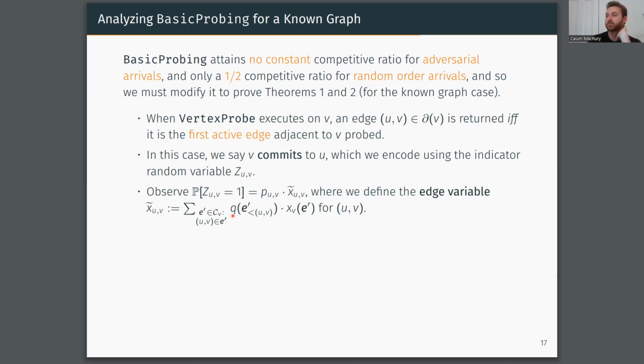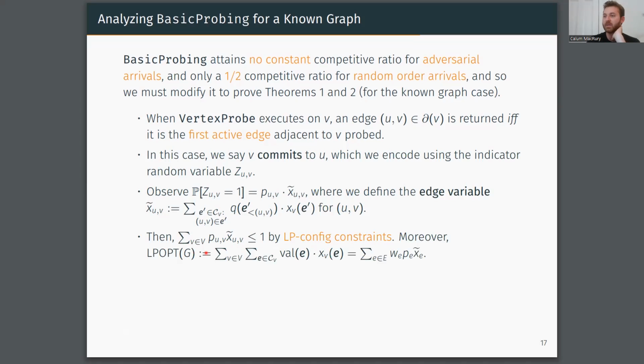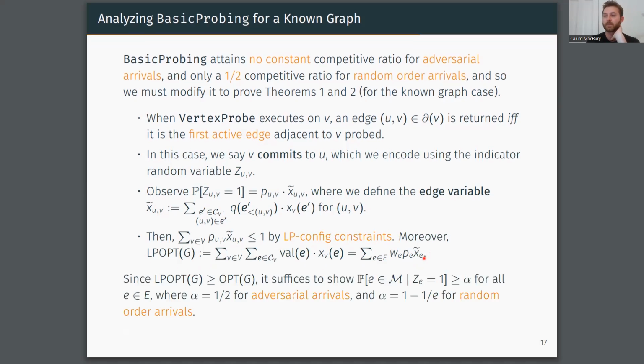And so what we notice is that the probability that this indicator random variable is 1 is related to the following quantity, which we call an edge variable. And then by the ex ante guarantee of our LP, we actually know that the sum of these values is at most 1. And they match up with the LP's optimum value.